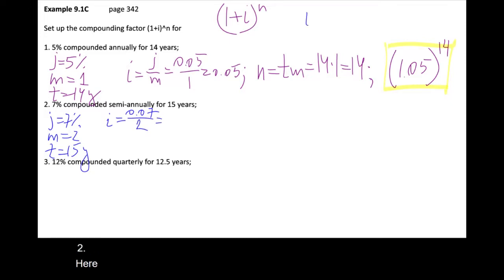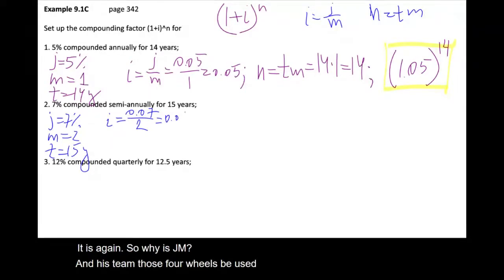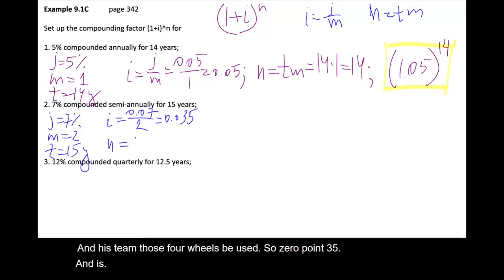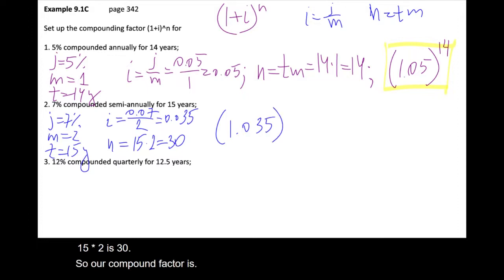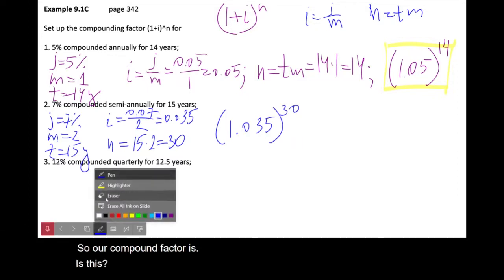Again, i is j over m, and n is tm. Those are the formulas we use. So i is 0.035, and n is 15 times 2, which is 30. So our compounding factor is this. Let me highlight it.